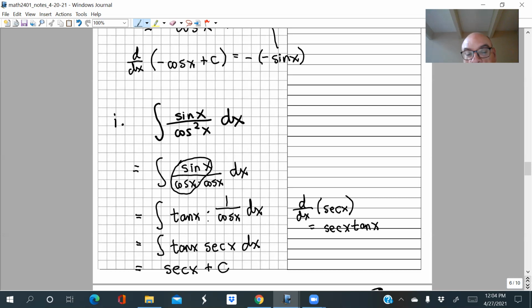That one is tricky just because you have to use your knowledge of trig to rewrite the integrand as tangent times secant, but then you do have to remember that the derivative of secant is tangent times secant. So the antiderivative here is just secant.